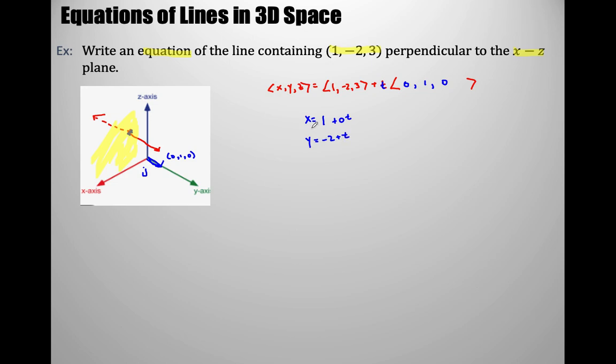So x is a constant. X is constantly 1. Y is that -2 plus t. That's the only change. And look at what z is going to be. 3 plus 0t. So in other words, x is a constant. X is constantly 1. Z is constantly 3. And what do you notice?